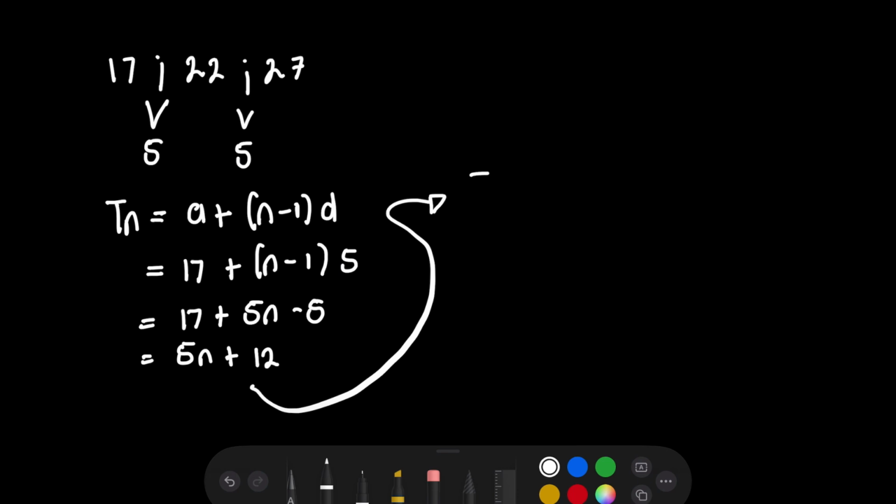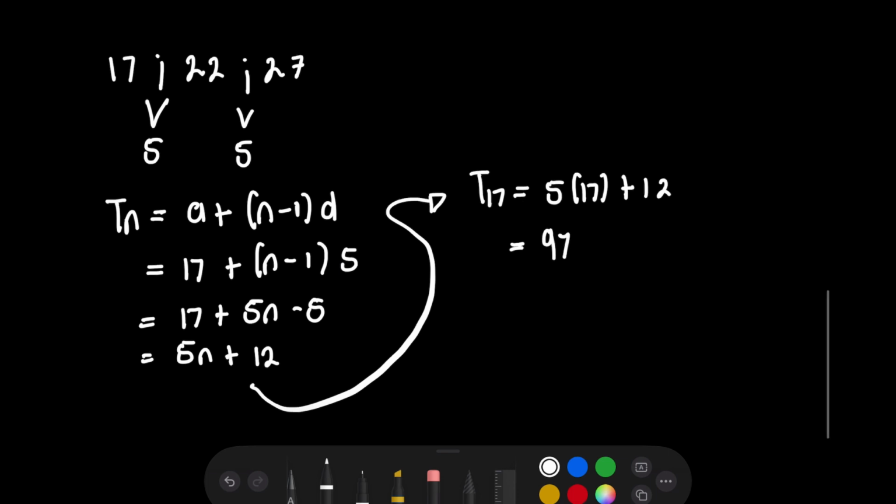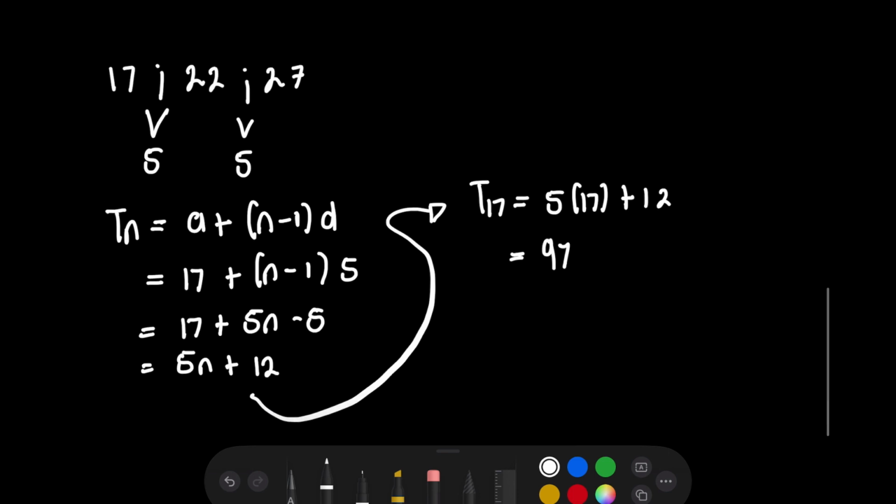Therefore, I can insert T17 is equals to 5 times 17 plus 12, and I get an answer of 97. Did that in my head. Hopefully that was correct.